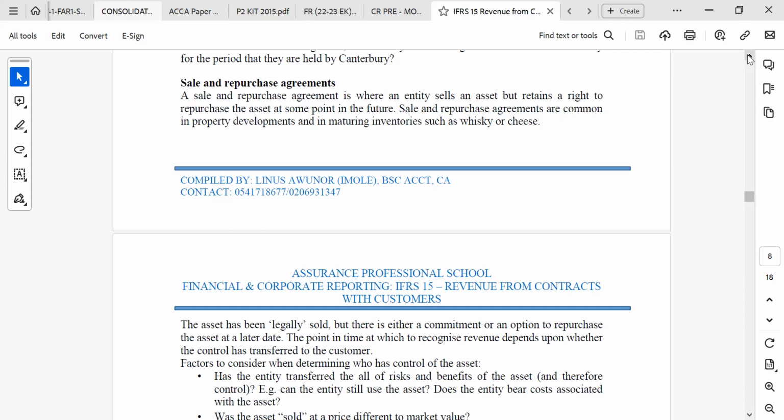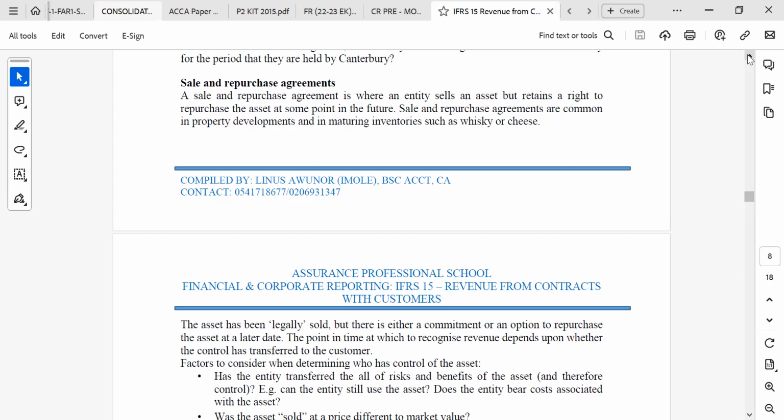The sell and repurchase that we are looking at right now does not apply to biological assets, because someone can come and buy your sheep and leave it with you. That is okay, since you have a lot of them. That one is practically possible in real life. So the maturing asset should not be a biological asset.